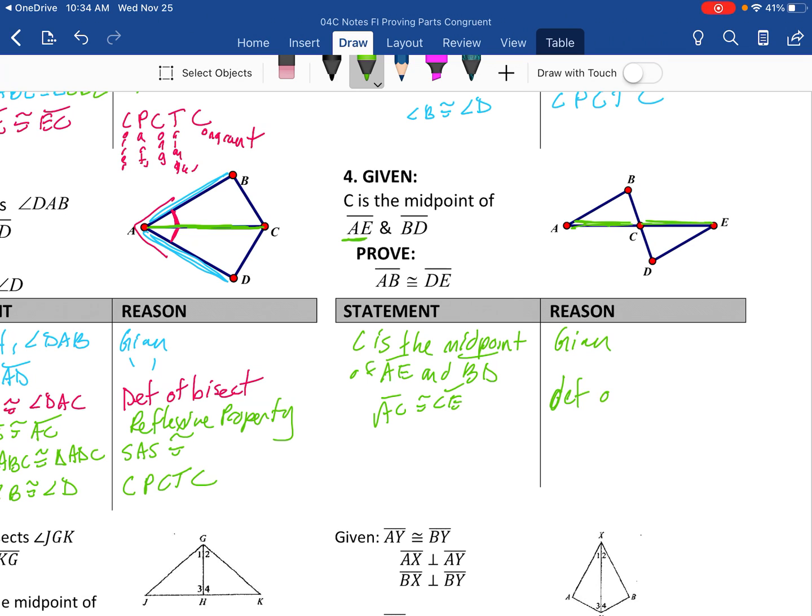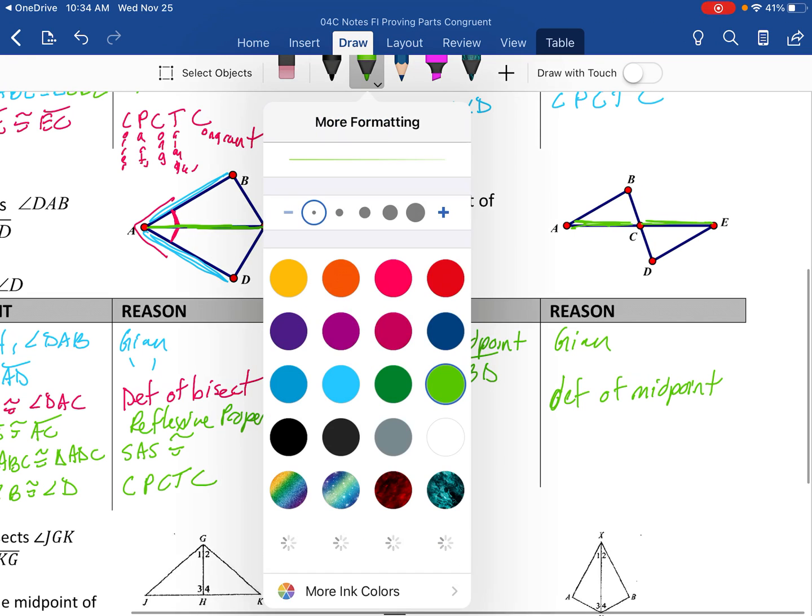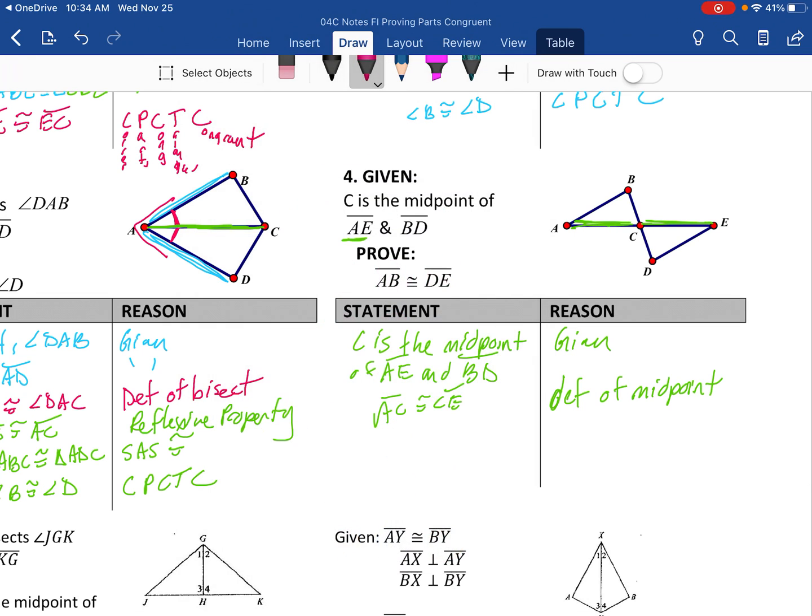That's definition of a midpoint. Okay, and you also know if it's the midpoint of BD, because now it's both, I know BC is congruent to CD. This is also definition of midpoint.